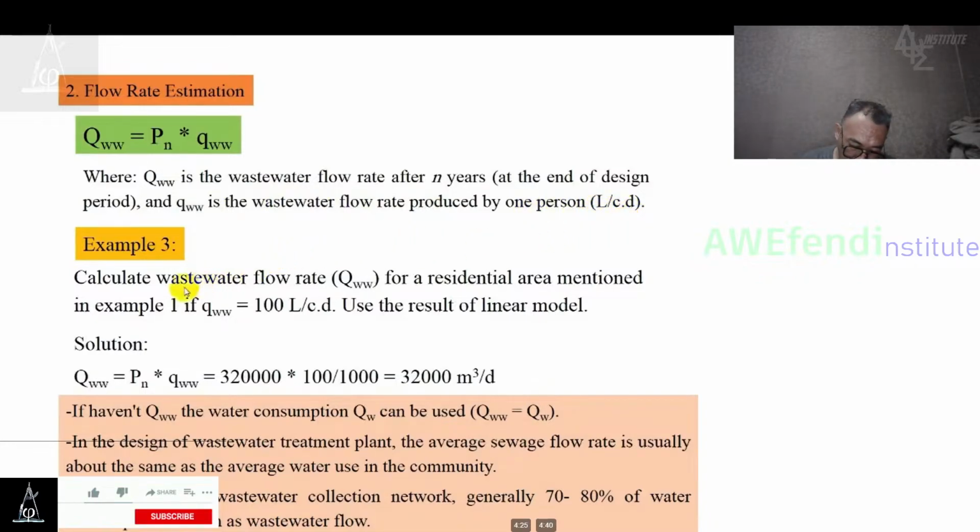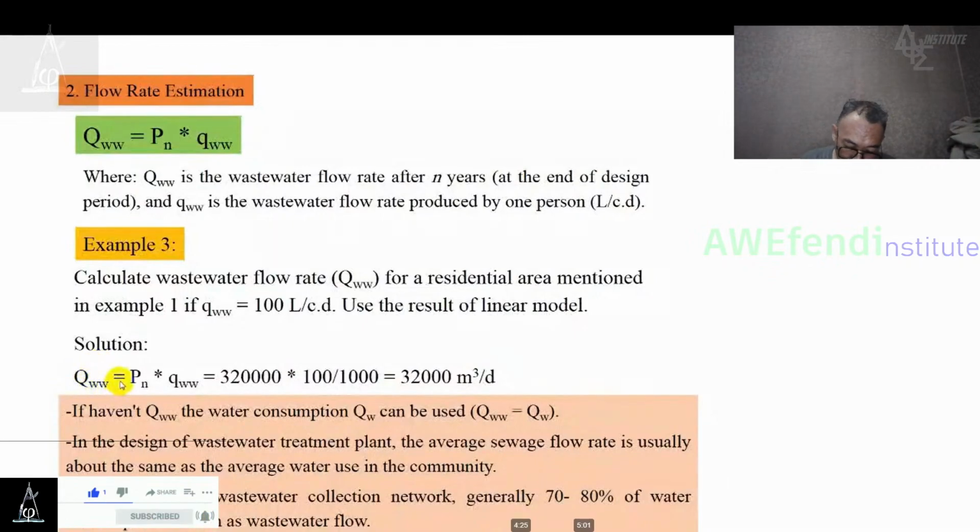Example 3. Calculate wastewater flow rate for a residential area mentioned in example 1. If q small wastewater equals 100 liter per capita per day, use the result of linear model.